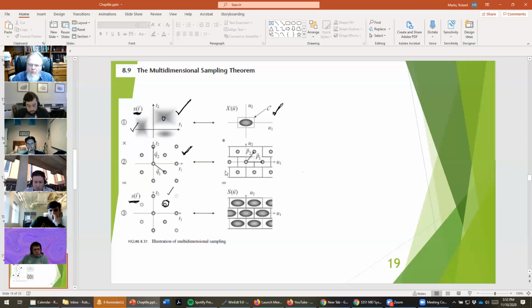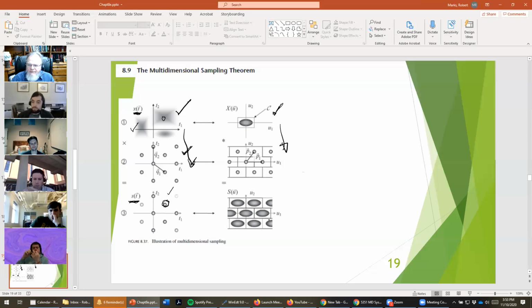And what happens if you multiply in the time domain? If you multiply in the time domain, what do you do here? You convolve, don't you? So when you convolve something with a delta function, you get the thing back where the delta function is centered, correct? So what we get is this spectrum, and now it's replicated everywhere where there was a Dirac delta happening.